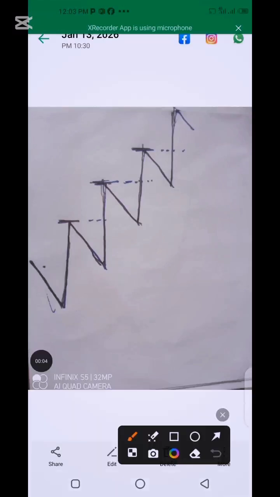These are also liquidity areas on the charts, because they are unmitigated demand zones. Each time price gets to this level, buyers take the price up. Now these are all liquidity areas on the chart.